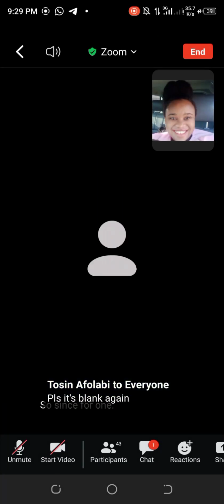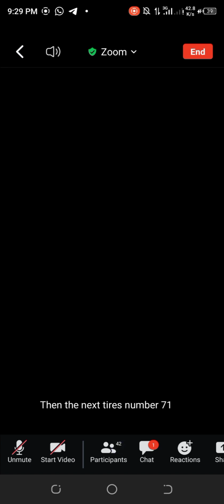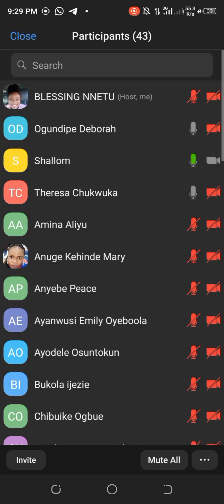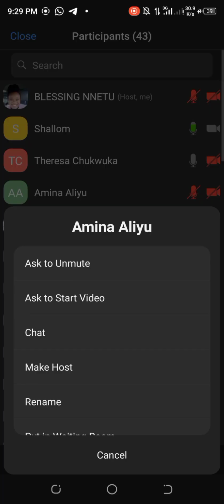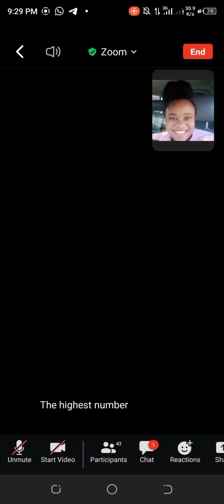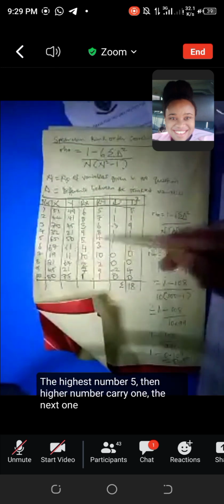So since 80 is the highest, it will carry the position of 1. Then the next highest number, 71, will carry second position. So that's how we rank them. The highest number will carry 1, the next one will carry 2, the next one will carry 3, and so on.